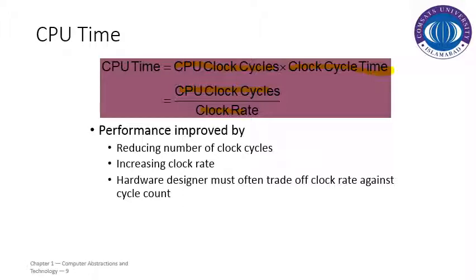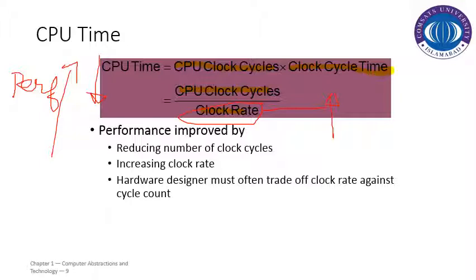So if we increase this factor that is in the denominator of this equation, automatically the CPU time will decrease and performance will automatically increase.